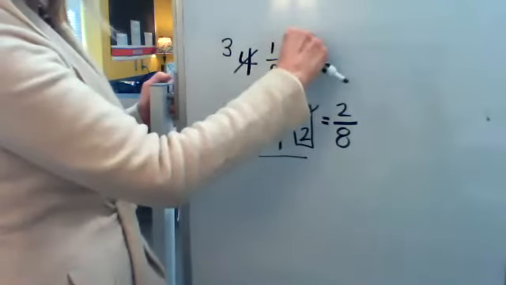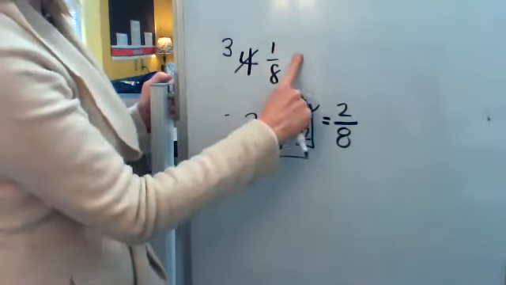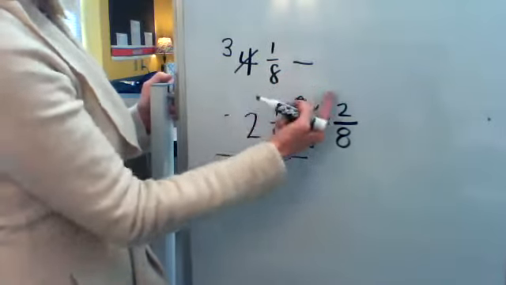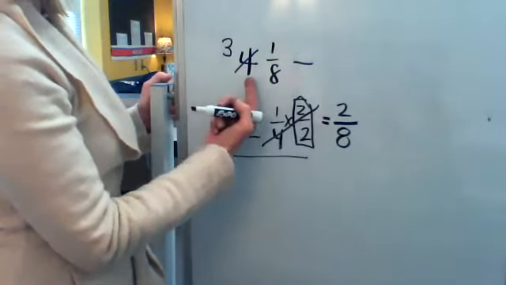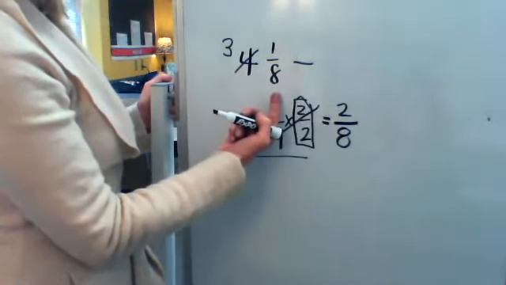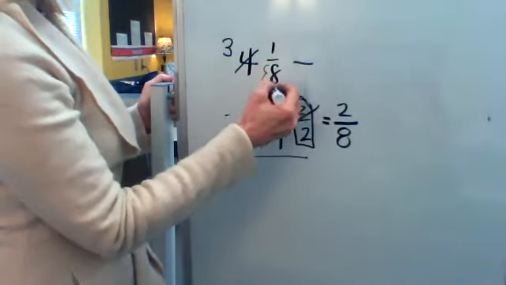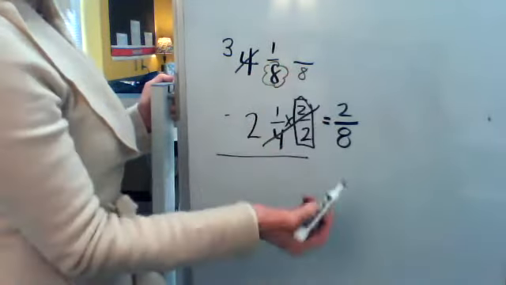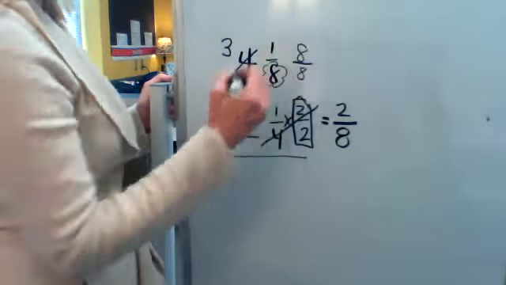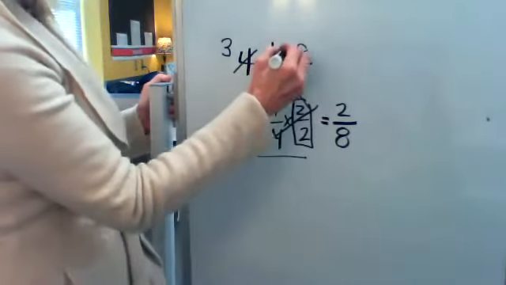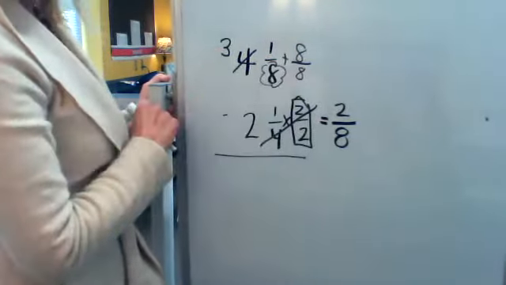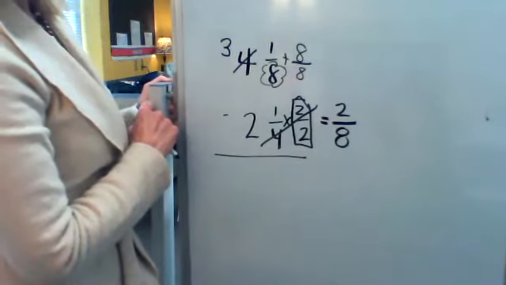So we are taking this whole, but here's the question. What would this whole look like in fractional form? What fraction would represent a whole in the number 4 1/8? Well, I know that the denominator is going to be eighths. And I know if I have all 8 of them, that's a whole. So all I did was convert it to a fractional amount.